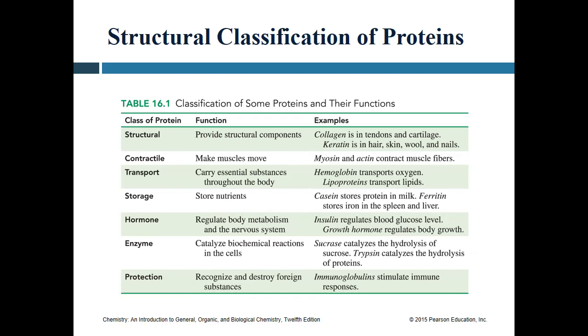There are hormones. We talked a little bit about hormones with the steroid compounds in the lipids unit. You can see that there are protein-based components to that as well. There are enzymatic activities that we can assign to proteins. And proteins can also be known as protecting, immunoglobulins.